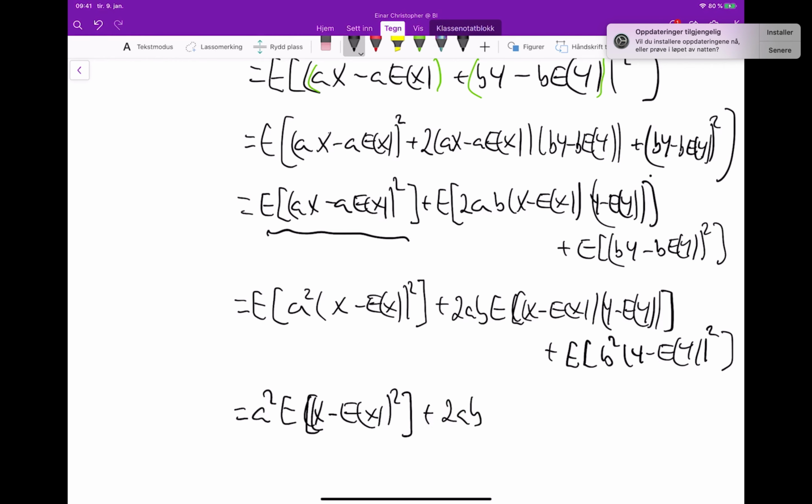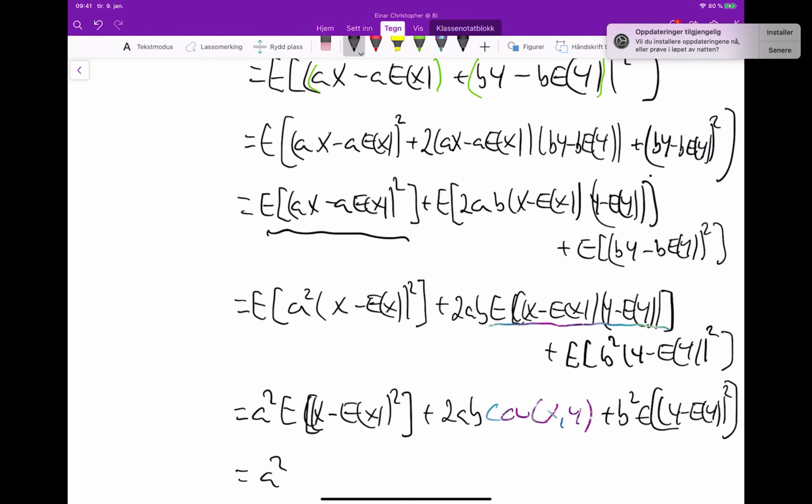And now I see that this part here is just the covariance of xy. So this is the covariance of x comma y. And then plus b to the power of 2, expectation of y minus expectation of y to the power of 2.